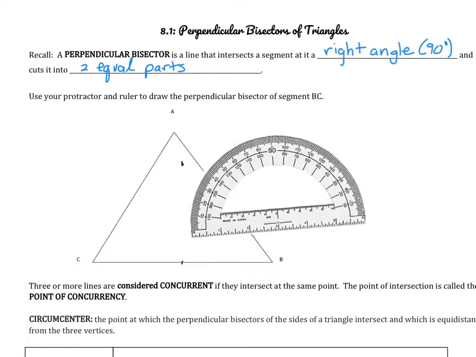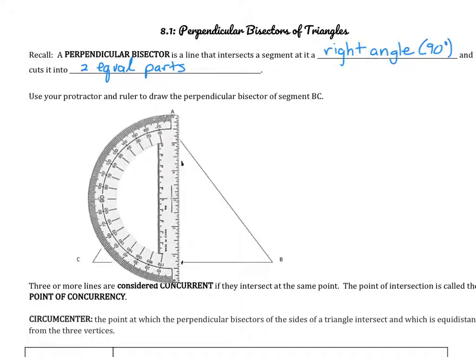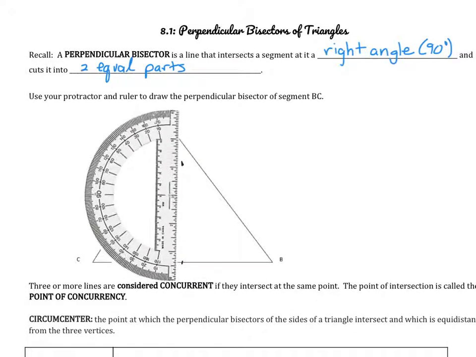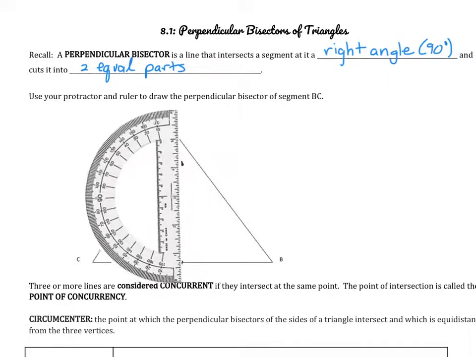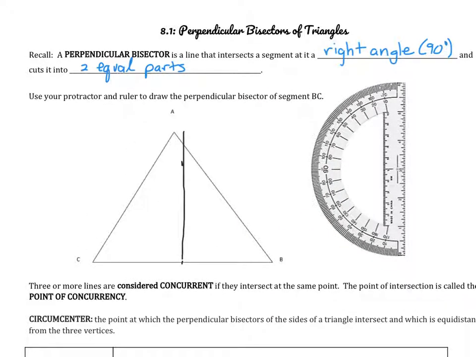Then you're going to take your ruler and turn it the other way so you can make a nice straight line like this. Hopefully your line turns out a little bit straighter than mine. And then you draw your line. So this would be our perpendicular bisector, and you can show that by drawing a 90-degree angle and showing that these two segments are congruent.